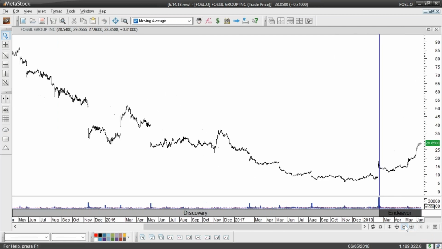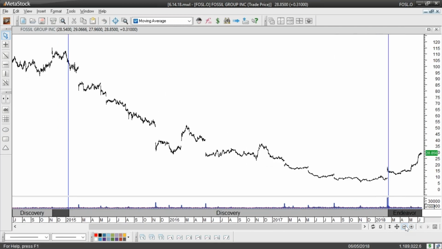So that tells you, if you were likely to trade Bed Bath & Beyond that's still in Discovery, which has every opportunity to continue falling, or if you were going to trade Fossil, which one would you choose? You would hands down choose the one that's already in Endeavor. Or you would have started looking at this as soon as it entered into Endeavor.